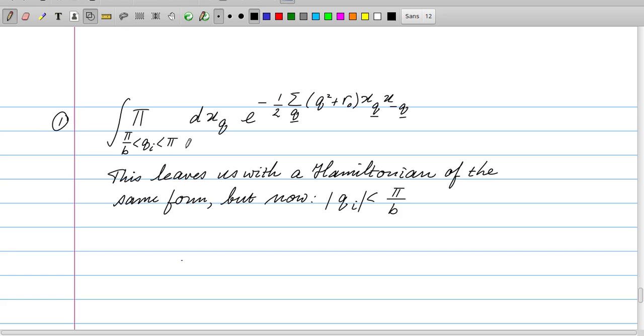Now it may seem at first sight that this is a difficult thing to do, but it's not, because an integral over these variables, we carried that out already when we calculated the partition function. The other xq's over which we do not integrate are just still there, and the Hamiltonian for them still has the same form. So this leaves us with a Hamiltonian of the same form, but now the q's lie between 0 and pi over b.